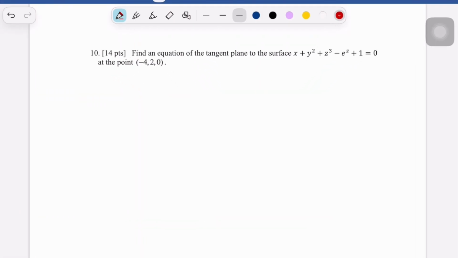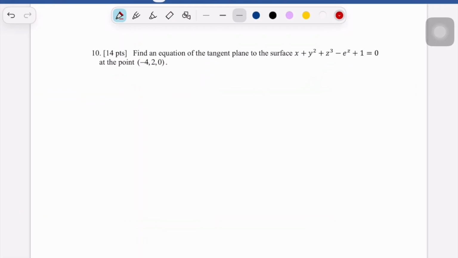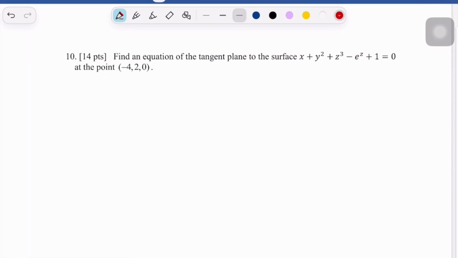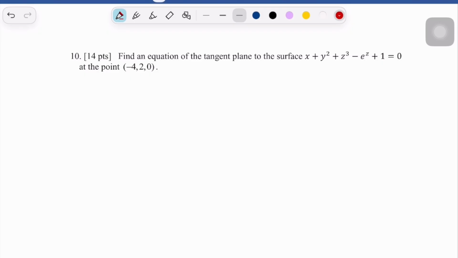Okay, moving on. Now for this problem, we have to find the equation of the tangent plane to the surface at this point. So in order to find the tangent, we need the normal vector and the point on the plane, right?